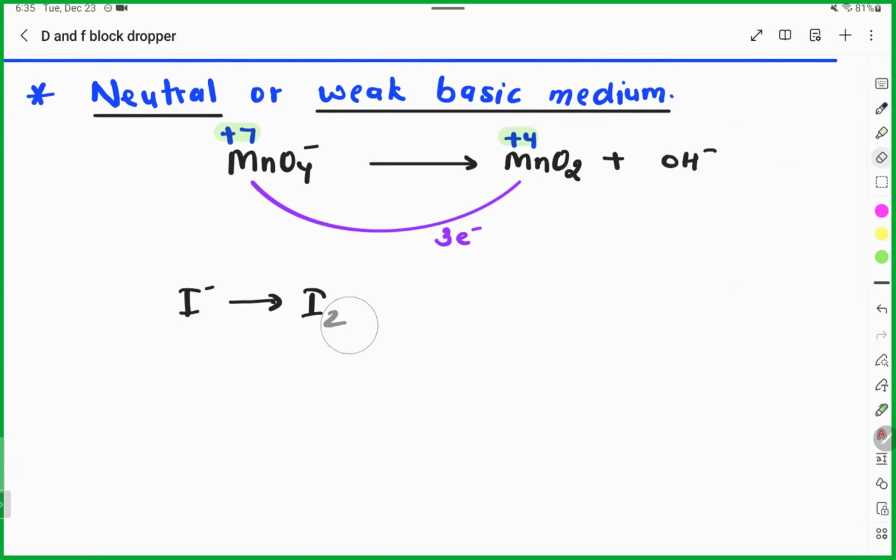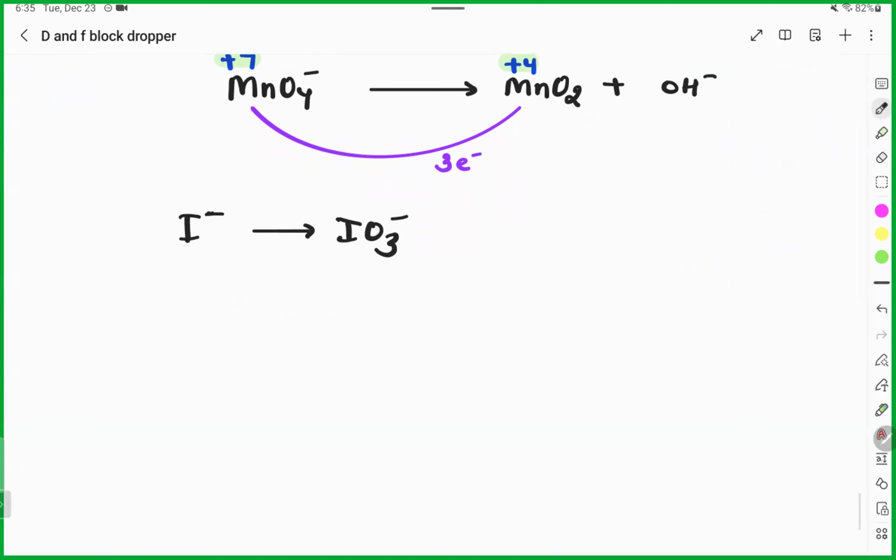Here it is not I₂, it is IO₃⁻. So with the addition of oxygen, the oxidation number will still increase, but in a different way compared to the acidic medium. Ask me your question. Any doubt?